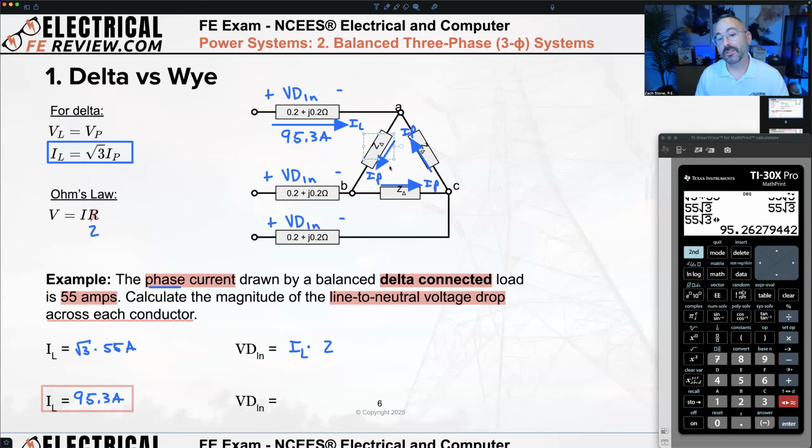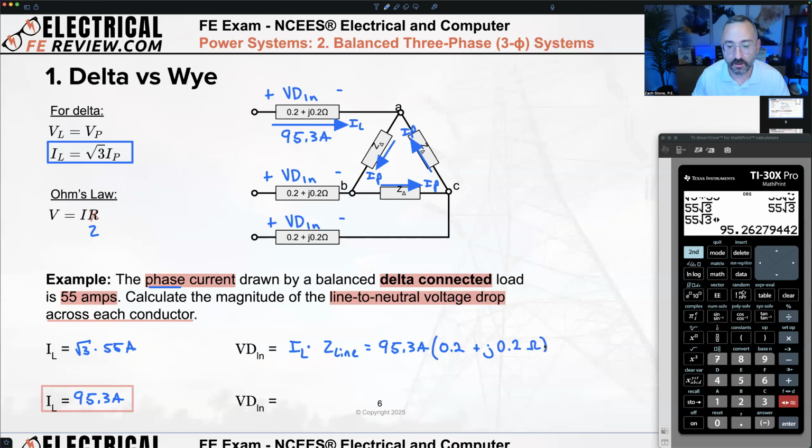I'm not using the delta impedance. I'm not looking at the voltage across the load. I've got to use the impedance across my conductor. We can call that Z line. So all we're going to do is take our 95.3 amps line current that we just solved for, and multiply by the conductor impedance given right here in the circuit. We're multiplying by 0.2 plus j0.2 ohms.